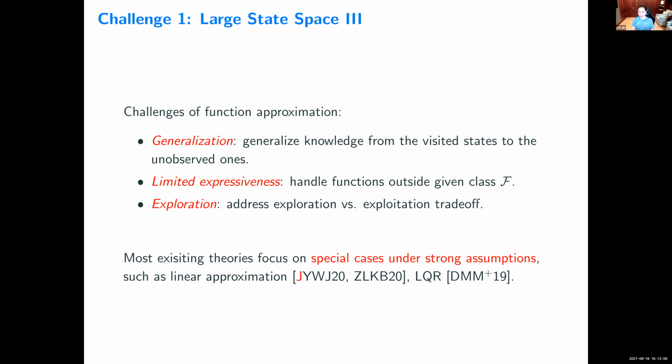Special cases, what I mean is, for example, we only deal with linear function approximation. That is, we only study the subclass where the value function is only a linear function. And LQR is also something linear. And very little result is about a generic function class, like how we deal with nonlinear, deal with kernel, deal with some other stuff. Okay. This is the first part about large state space.